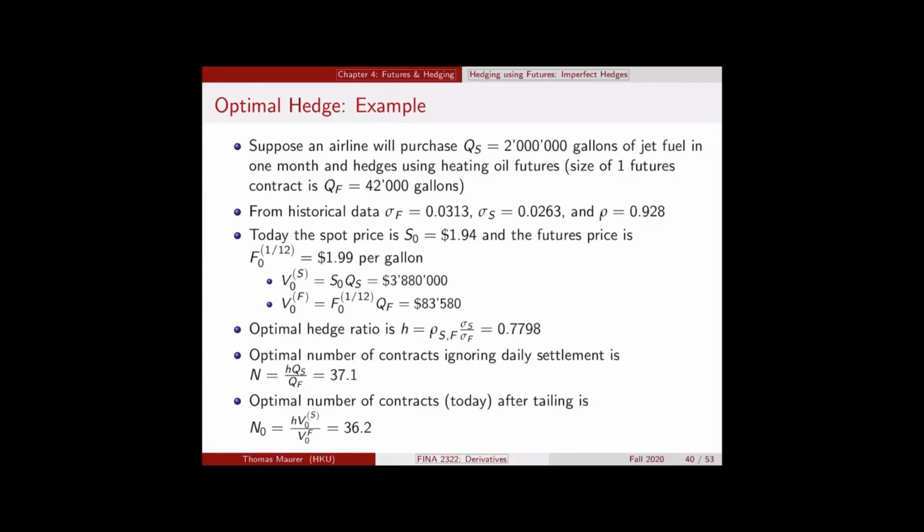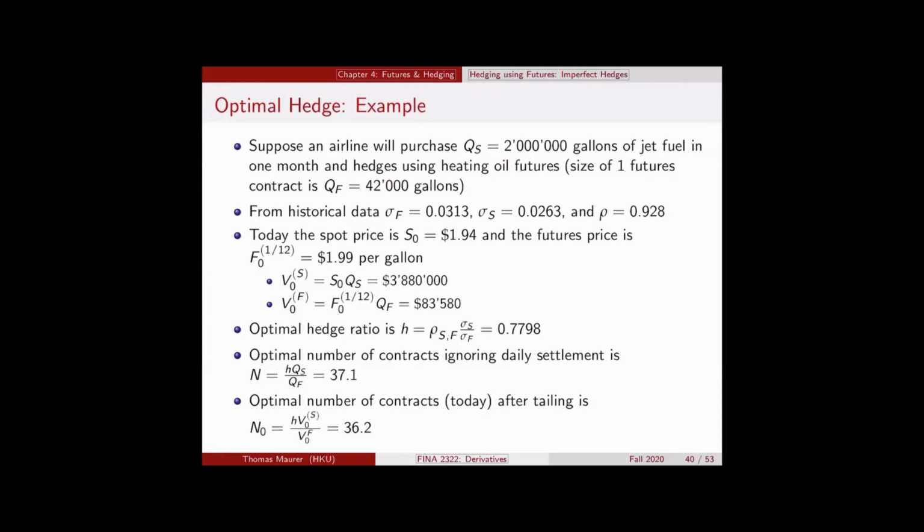Now let's suppose that the current spot price of heating oil is $1.94 per gallon, and the futures price with 1 month to maturity is $1.99 per gallon of heating oil. So if you want to purchase 2 million gallons of jet fuel, you take these 2 million gallons times $1.94 per gallon, and that gives you a current position value of $3.88 million.